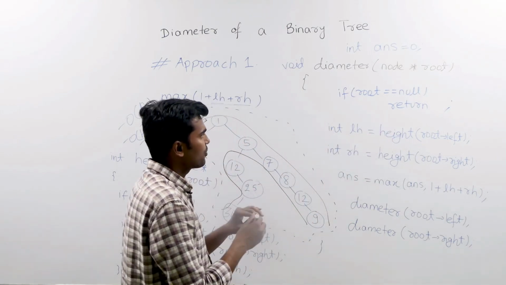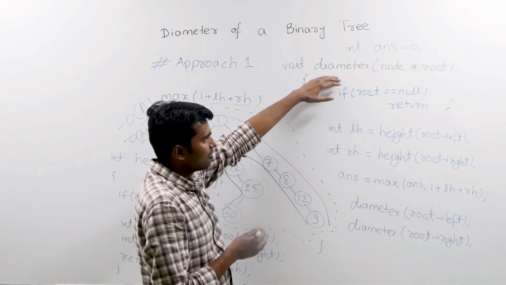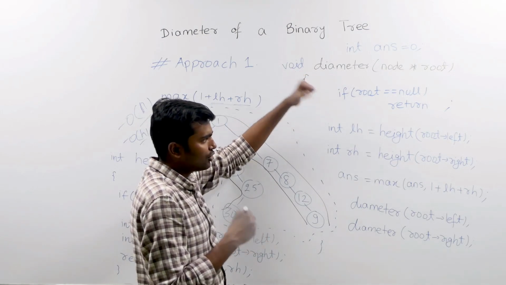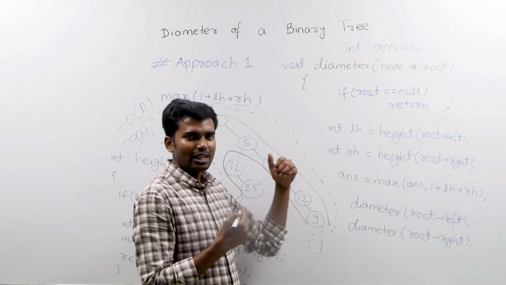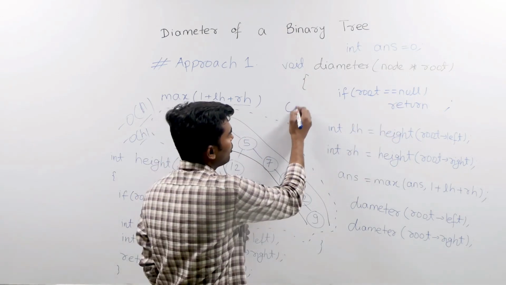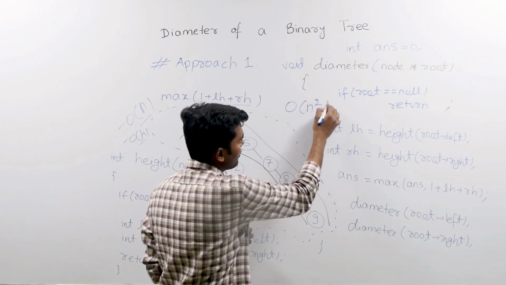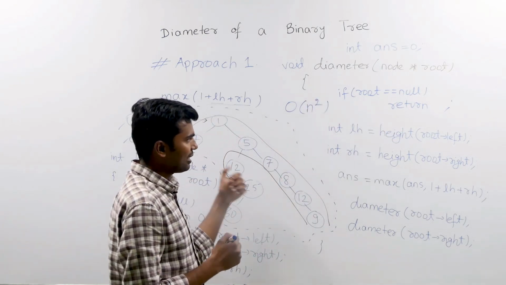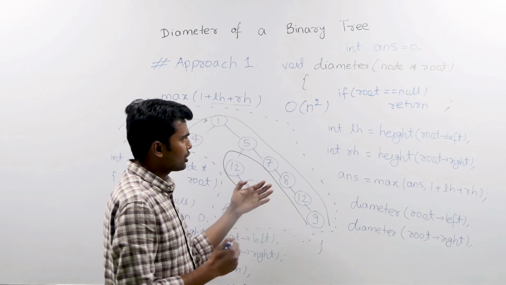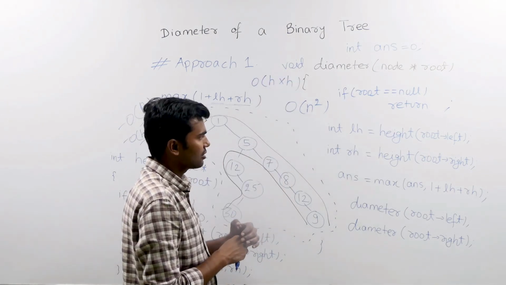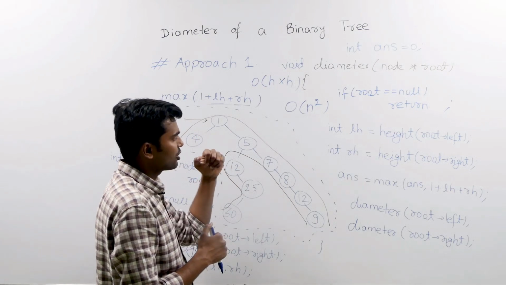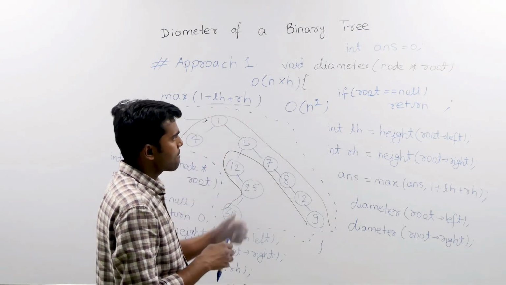So we are calling this function n times, and in each call we are calling another function taking big O of n time. So the time complexity will be big O of n square. Similarly, the space complexity of this function will be big O of h. So this is the implementation of approach 1.